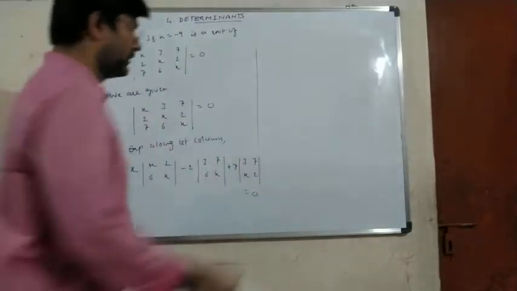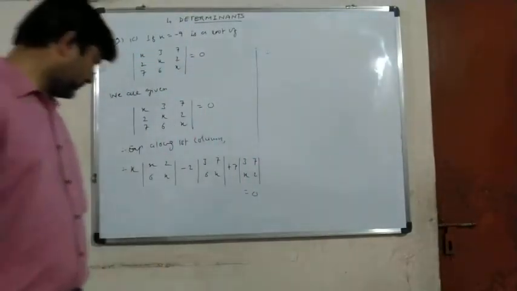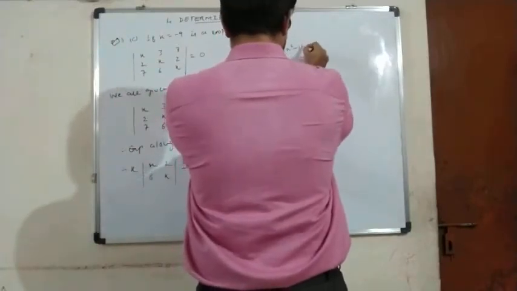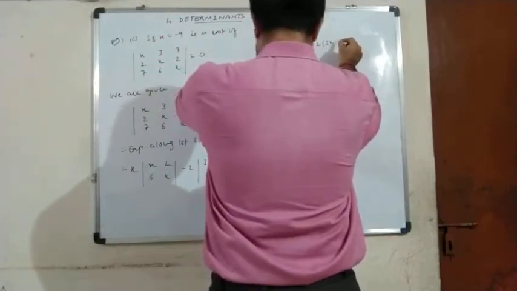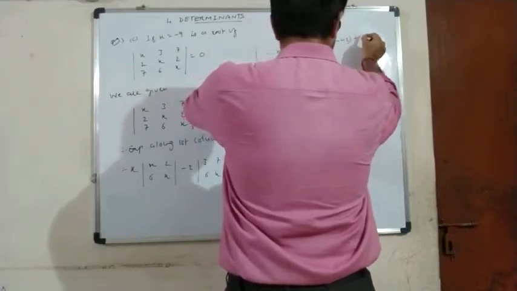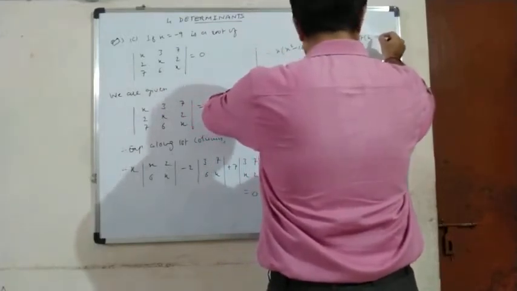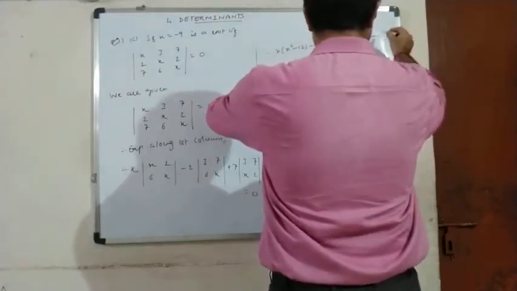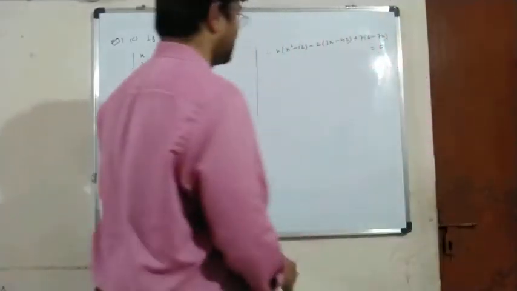Now we will solve. Okay, so now this 2 by 2 determinants you know how to solve. x into x square minus 12 minus 2 into 3x minus 42 plus 7 into 18 minus 7x equal to 0.